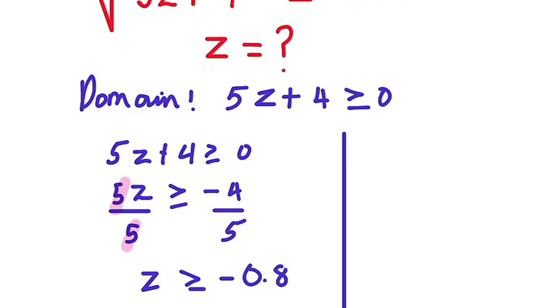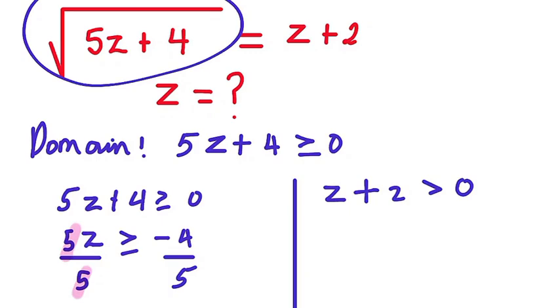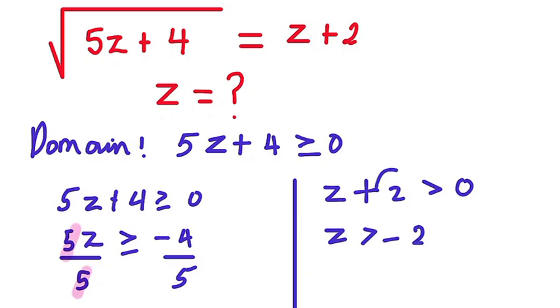Then also the second one, our second function is z plus 2, that is this one here, which must also be greater than or equal to 0, because square roots cannot give a negative value. So from here we have z greater than or equal to minus 2 if this is transposed to the right hand side.